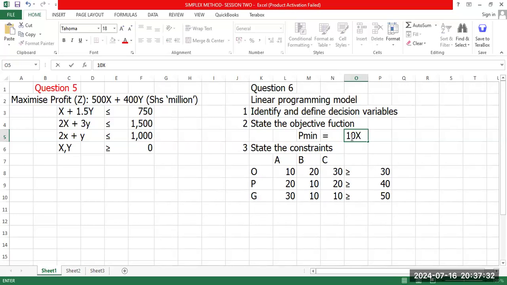Let me just maintain A, plus the next one, 12 million. This is B. Then plus the next one, 15. This is C. And your figures are in millions.